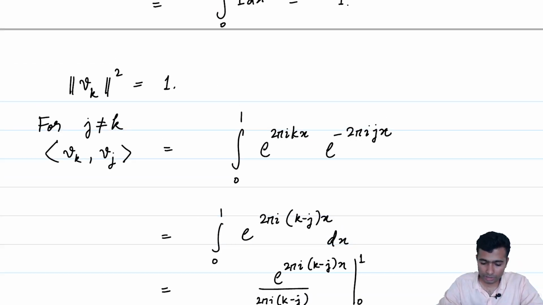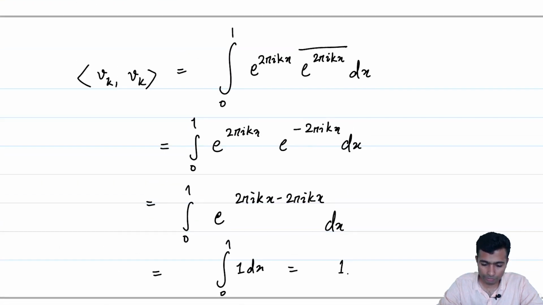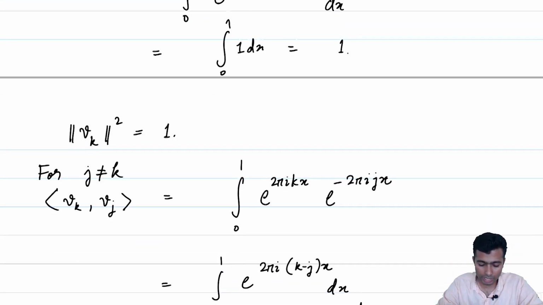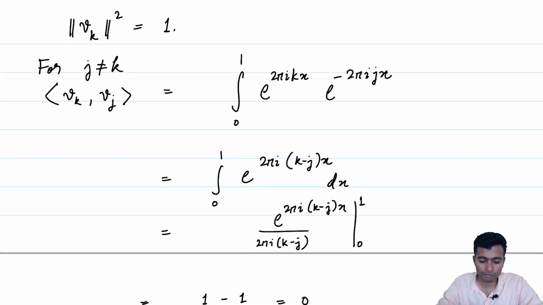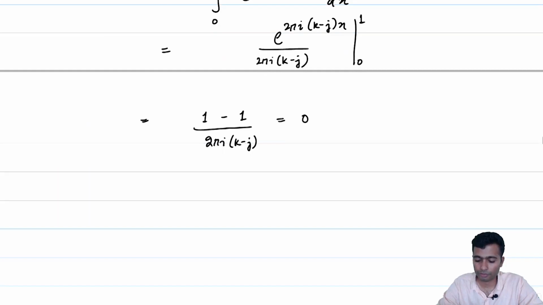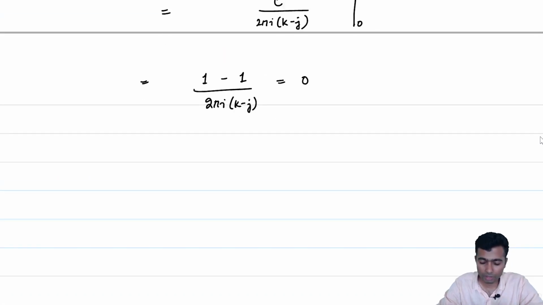So what we have established, let me just go back and show what we just proved. We showed that the inner product of vk with itself is 1 and the inner product of vk with vj is 0 for all k not equal to j.